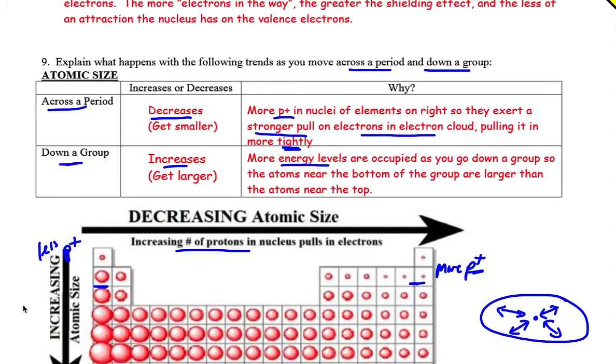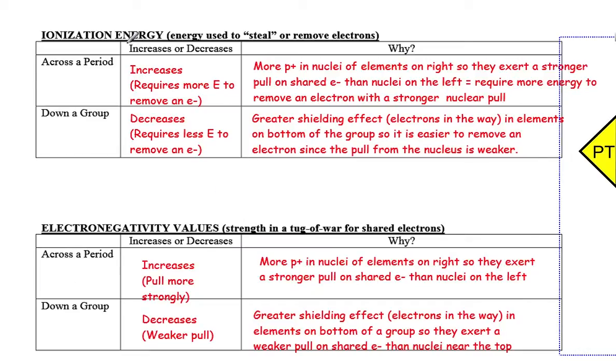The next trend that you should be familiar with is ionization energy. Think about stealing electrons. So as you go across, there's more protons on the right, so they're pulling on those electrons more, so it's harder to steal.